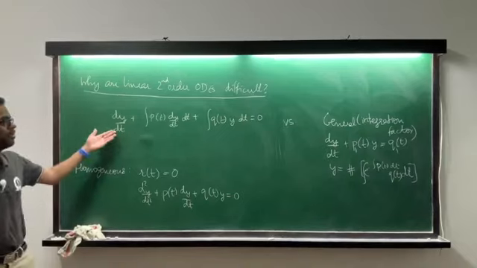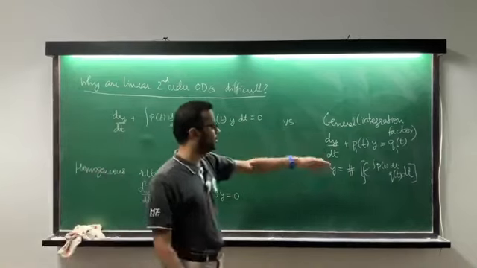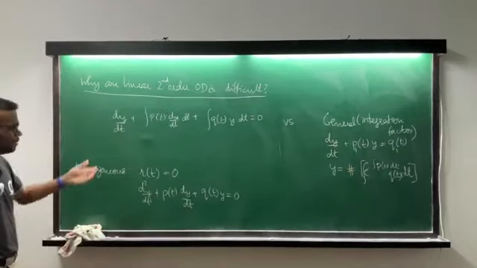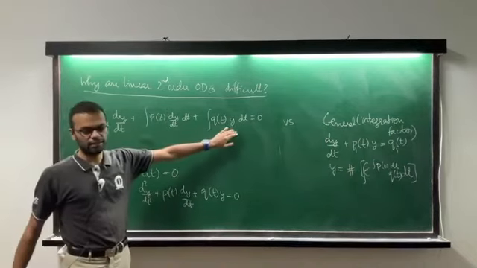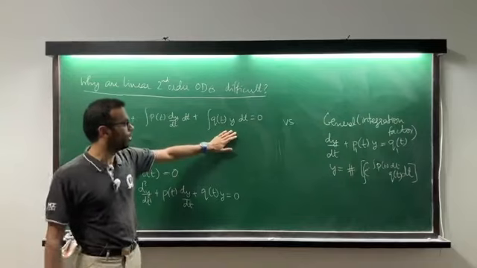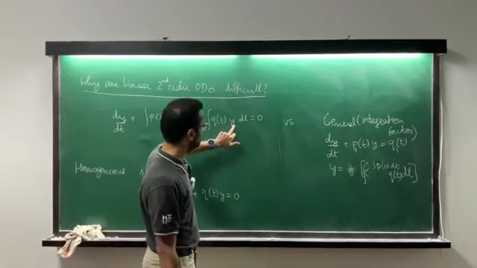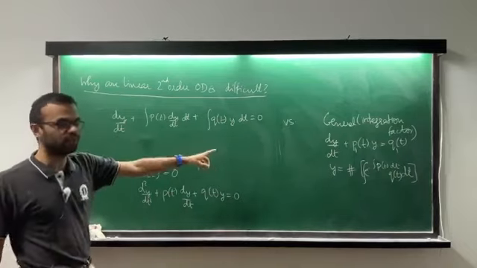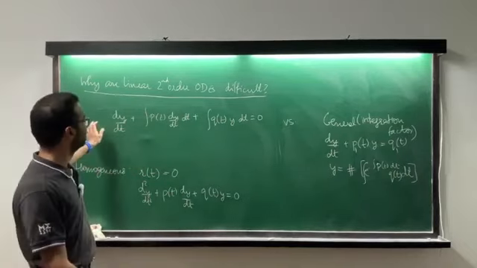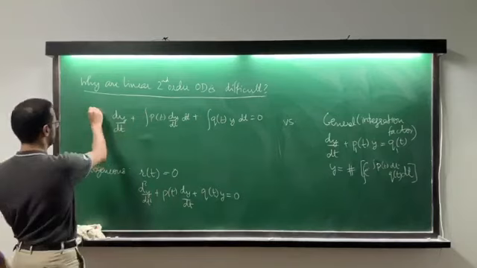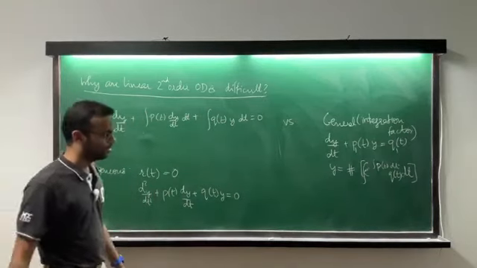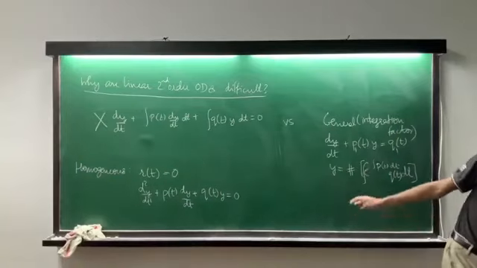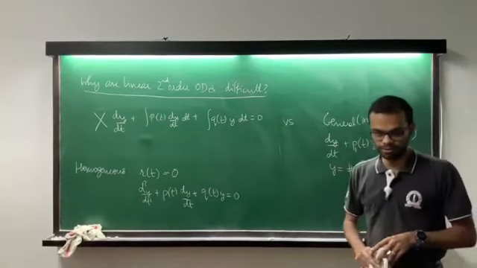Okay, maybe you've brought it to something that looks a little bit better in terms of lowering the order, but what have you lost at the expense of that? It's this. Now you have the unknown y inside an integral, and so this now becomes an integro-differential equation. Okay, so this is not going to work. So the naive idea of lowering the derivative to make it easier to solve using some scheme like this is not going to work. That's out of the question.